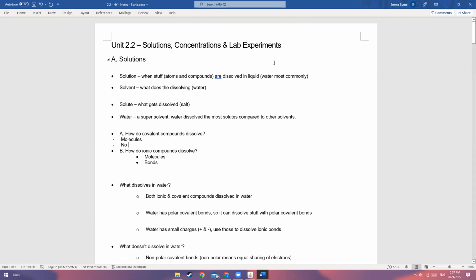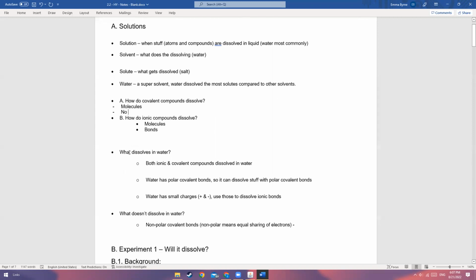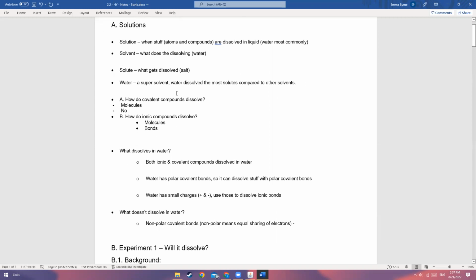But there are a couple different types of compounds that would need to dissolve, right? So what makes it a super solvent? It's the fact that it can dissolve both covalent and ionic compounds. But there are different ways that each of those compounds will dissolve.